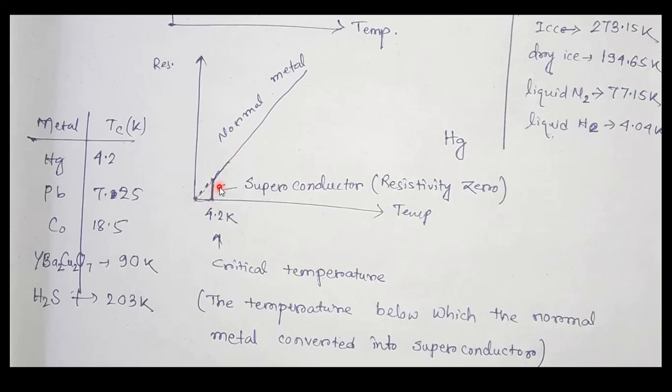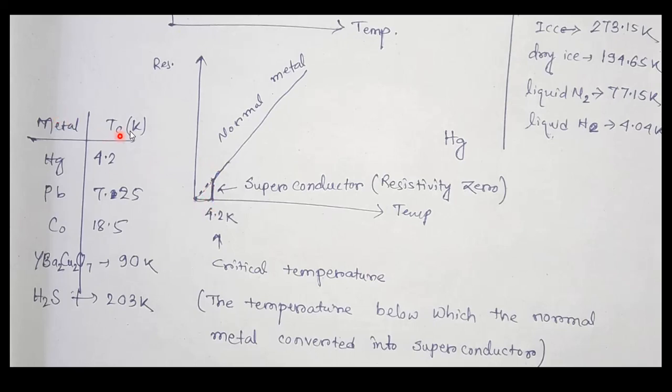So there is an anomaly between the experimental and theoretical result. This is the first time the experimental result says there is some mismatch, or there is some new physics. This is the experimental result where zero resistivity was first observed.